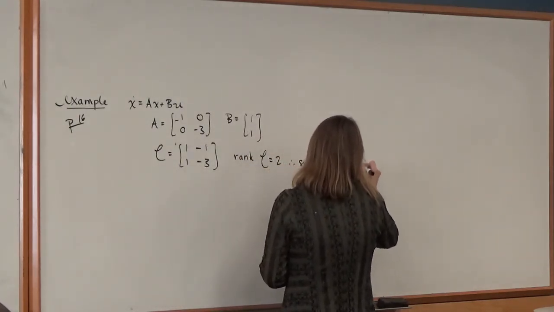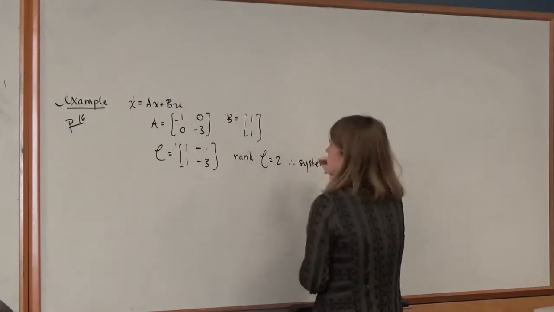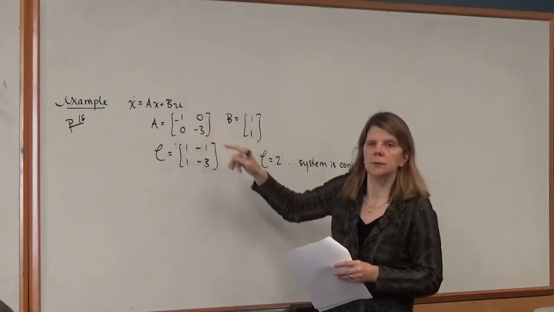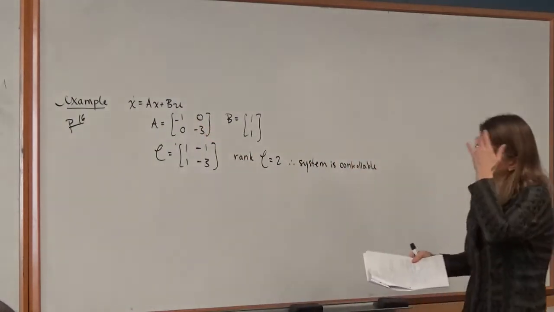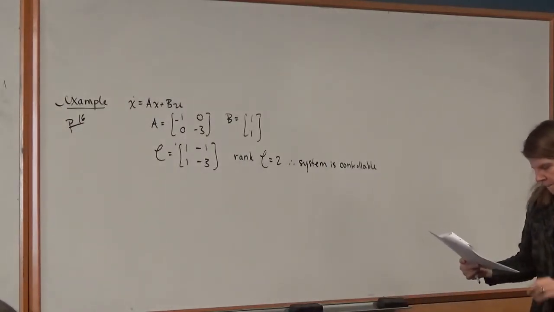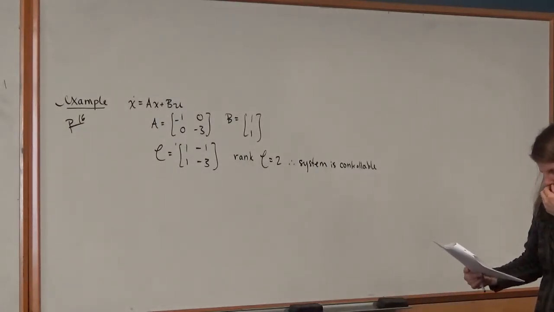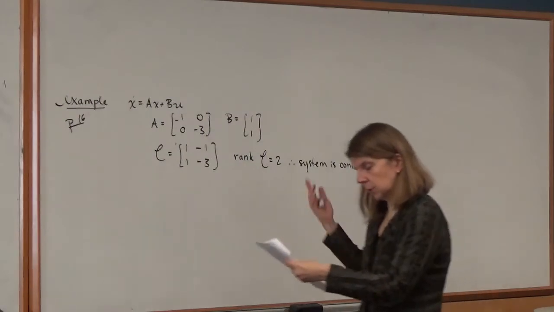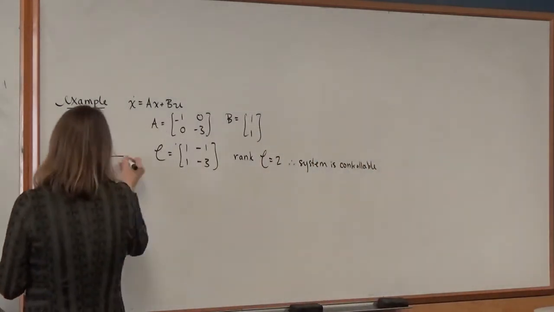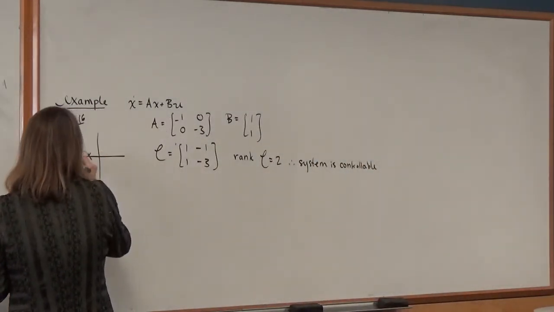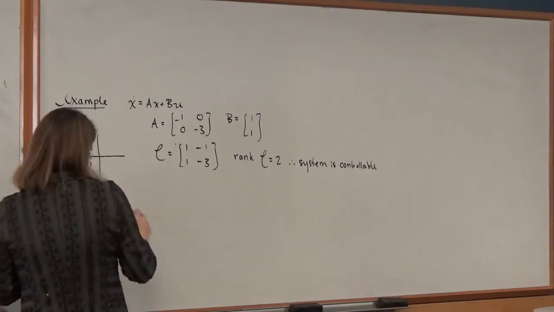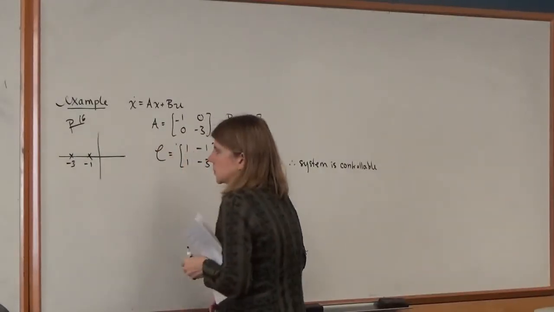It's completely controllable. Both of those open loop eigenvalues at -1, -3 can be moved by state feedback. Okay, so for some reason, we want to shift them from where they were, at -1, -3, and we'd like to put them both at -2.